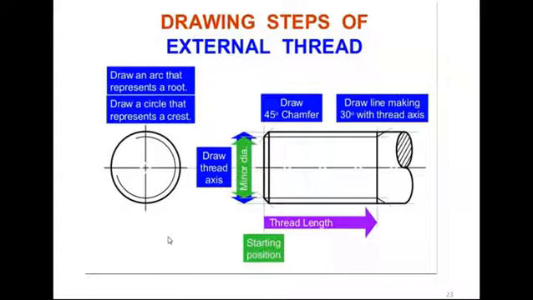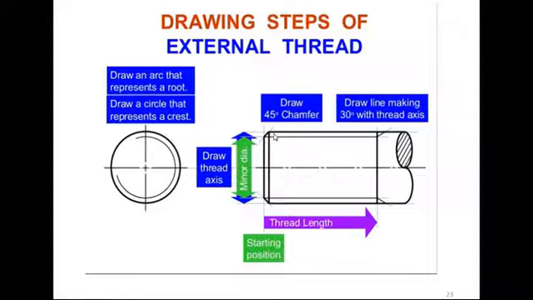Draw an arc that represents a root. Draw a circle that represents a crest, because this is an external thread and we want to show the threading on the outside.